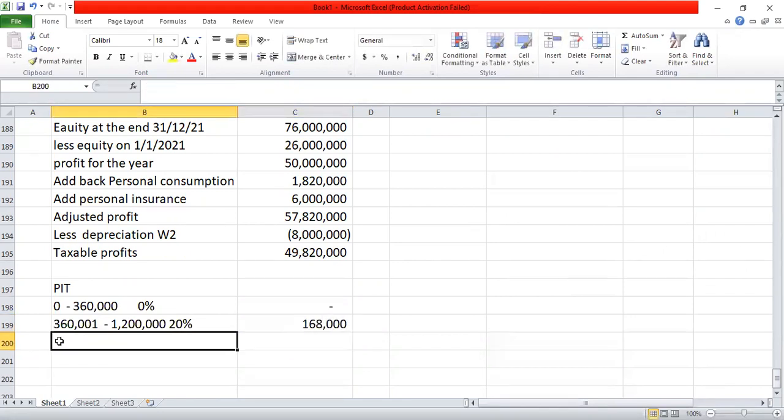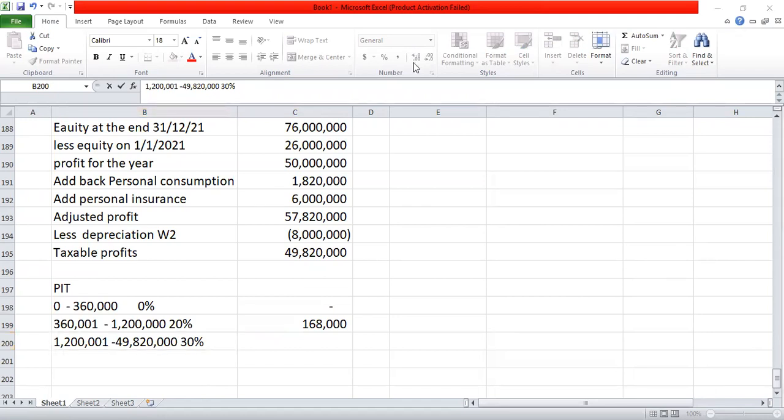Then 1.2 to 49,820, you're going to charge 30%. That's my advice.